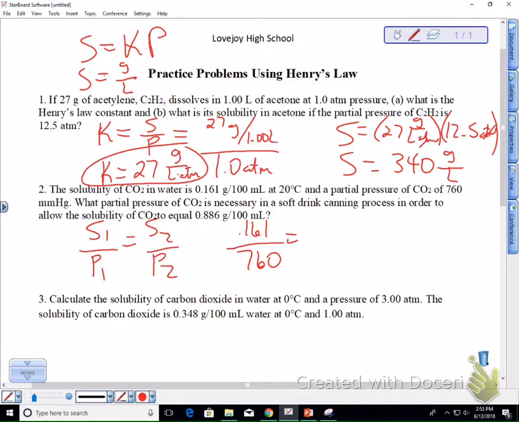And I want the solubility for my soft drink to be all the way up at 0.886. So what pressure will I need? I did the calculation, and I got 4,180 millimeters of mercury. That's about 5.5 atmospheres, to give you a little bit of perspective.